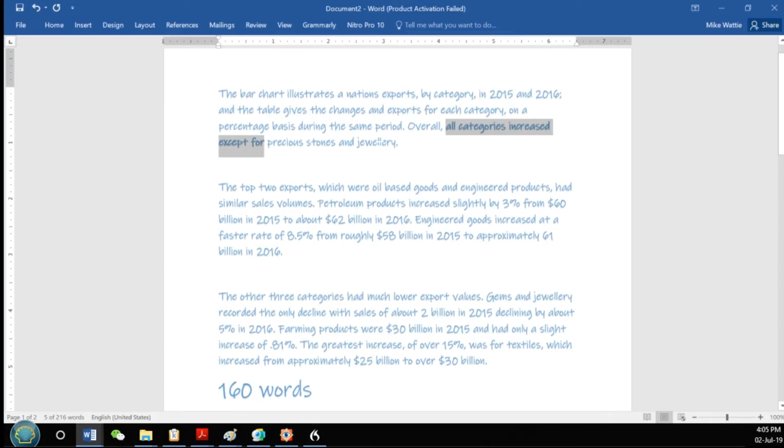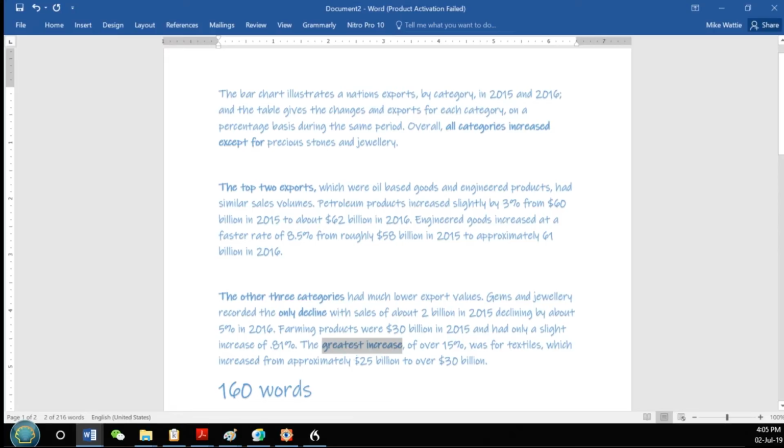Another highlight, top 2 exports. We know what our top 2 exports are, and then we can find out the other ones quite easily. We know that the ones we're mentioning in this paragraph are not the top 2, they're the bottom 3. Okay, we're reinforcing this point about gems having the only decline, and we also know what increased the most, what had the greatest increase.